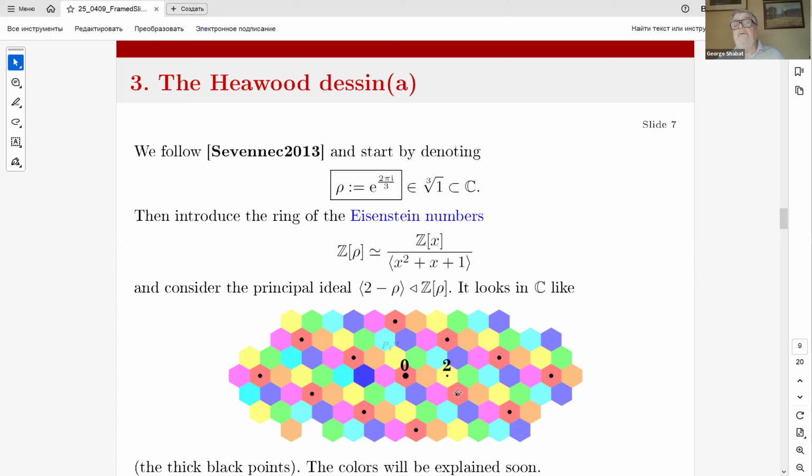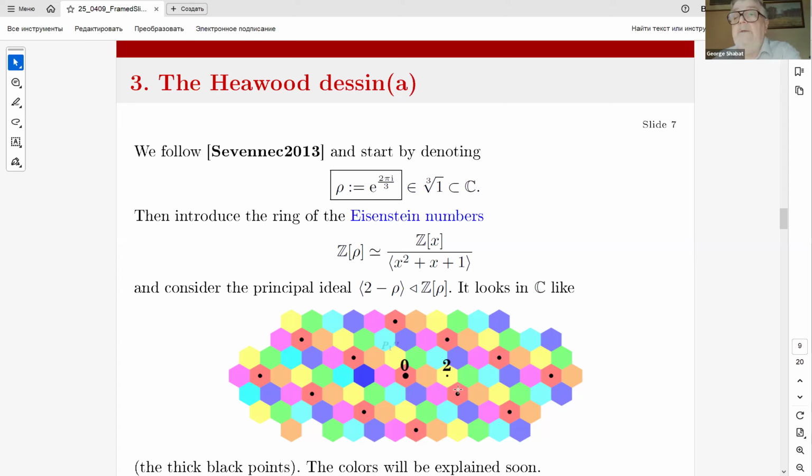Another funny detail that perhaps has to be mentioned, in the ring of Eisenstein numbers, there is no canonical choice of the generators of ideals, because even over integers, where the generator of an ideal is defined up to a sign, here the group of units is the group of roots of unity of order 6.